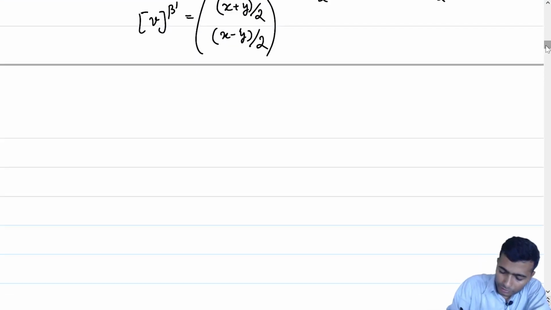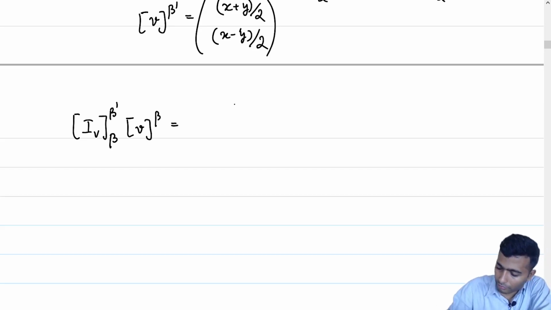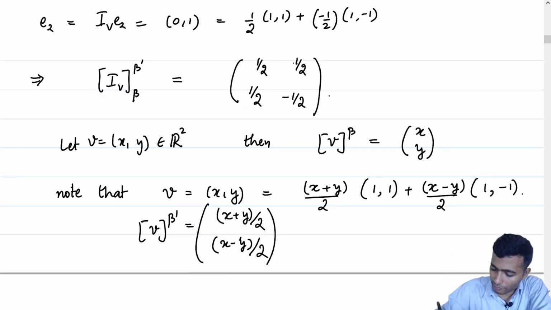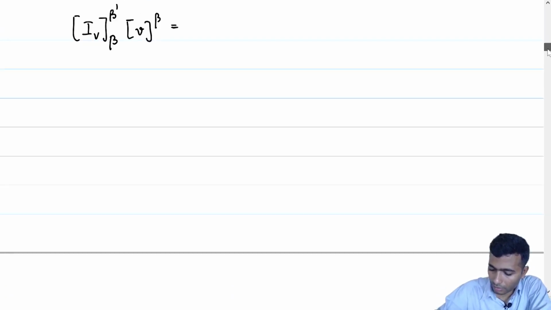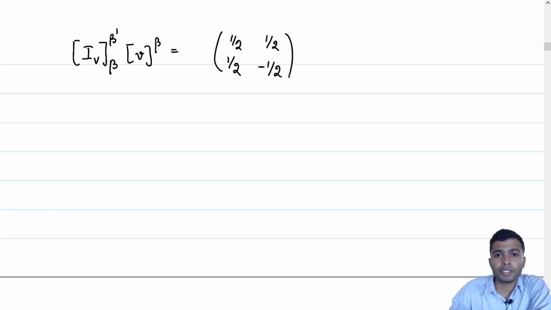Then if you observe, what is I_V beta prime times v beta? Recall what I_V beta prime is: it's half, half, half, minus half. And what was our v beta? v beta was (x, y).